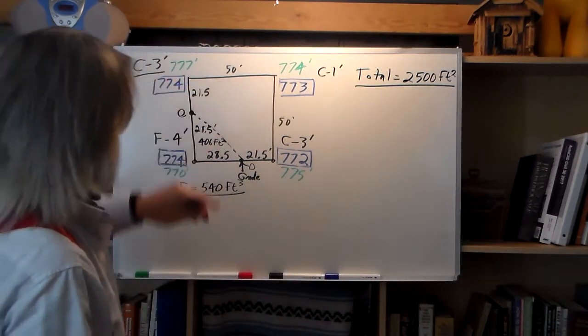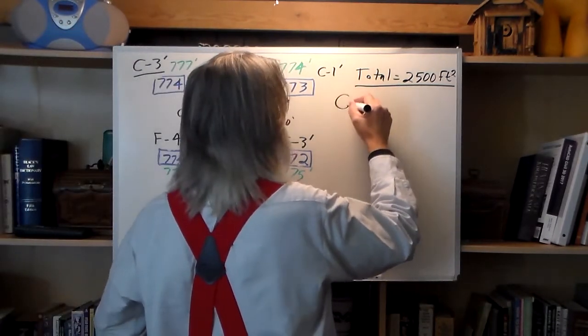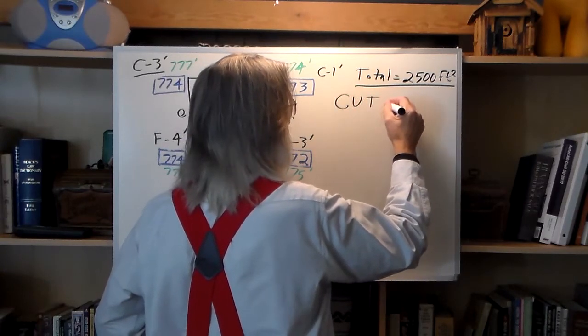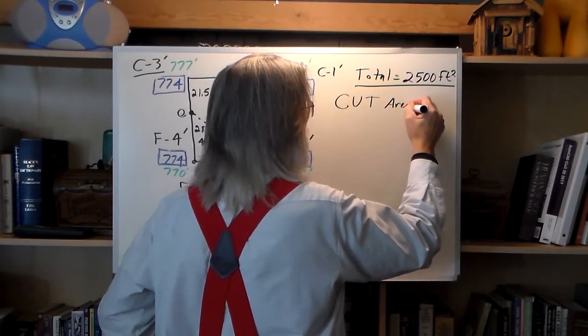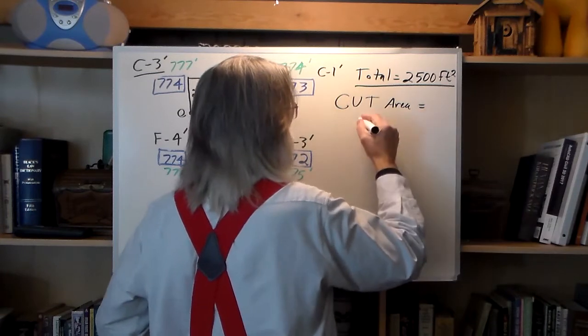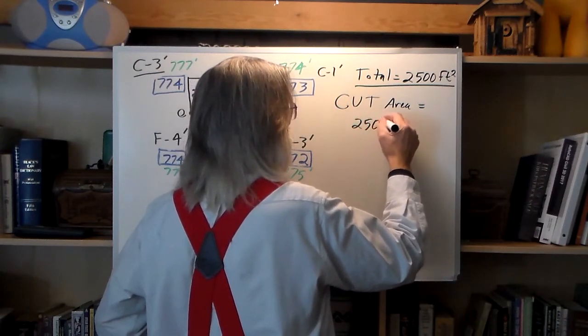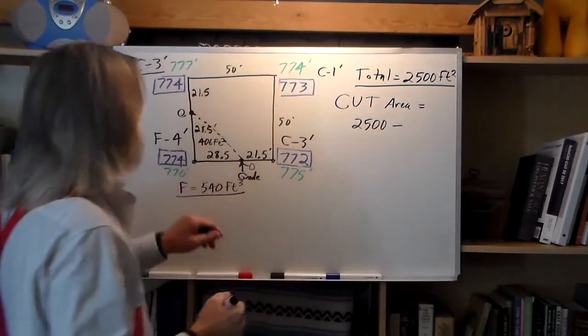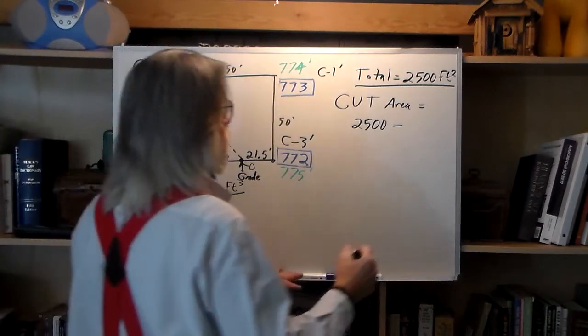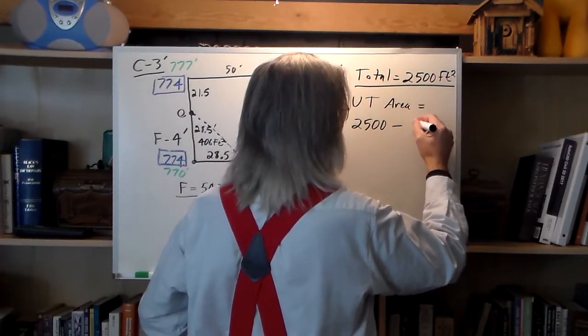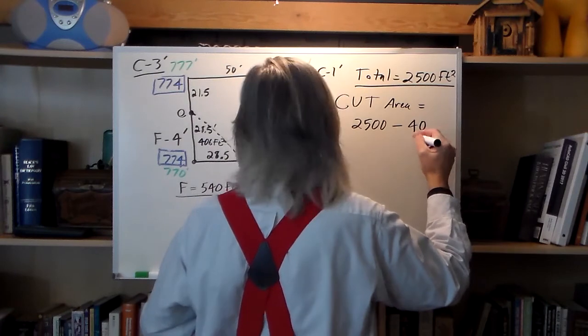Our cut area, in this case it is cut area, is going to equal 2,500 minus 406, because that was our other triangle in there, and that was the fill area.